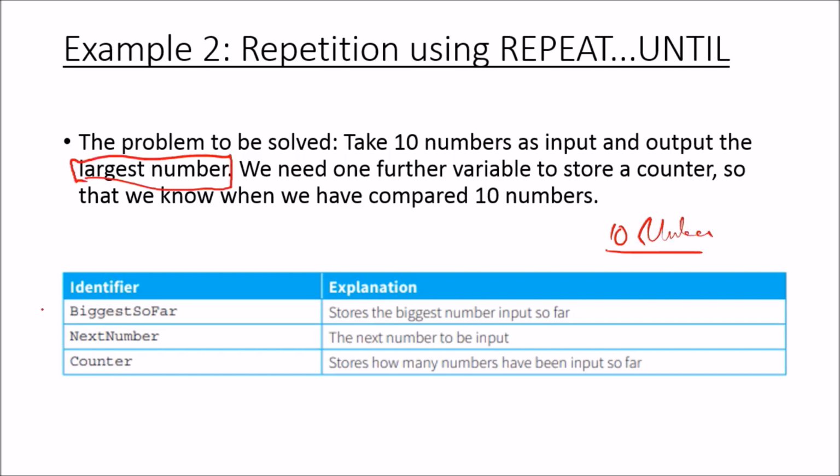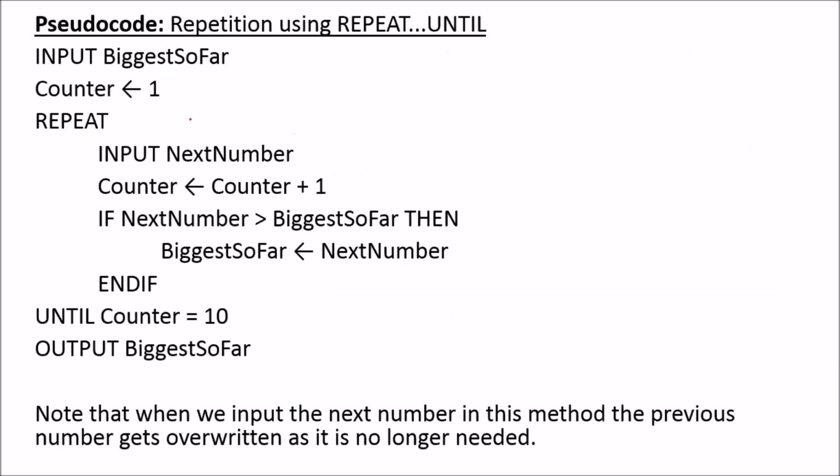Okay, so we're going to take a variable that is biggest so far, next number and counter. So biggest so far stores the biggest number, next number is the next number to be input, and a counter variable stores how many numbers have been input so far, right?